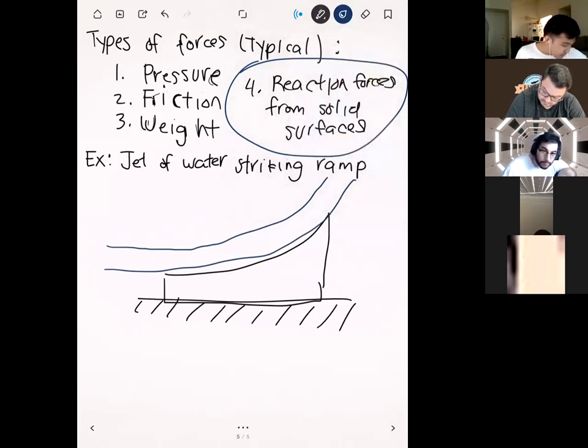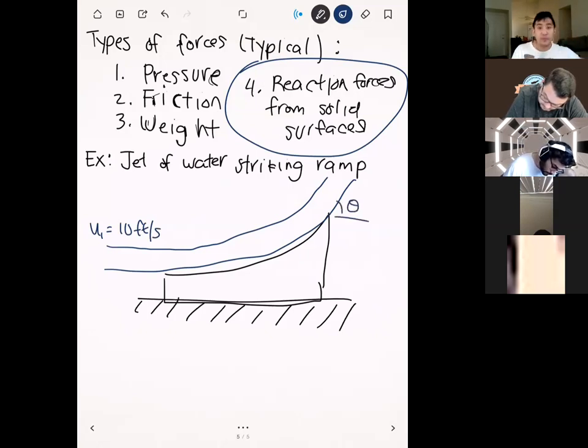We know some statistics about this. At the inlet right here, we have an inlet velocity of 10 feet per second. We also know the angle at which this flow is coming out, and there has to be a U2.